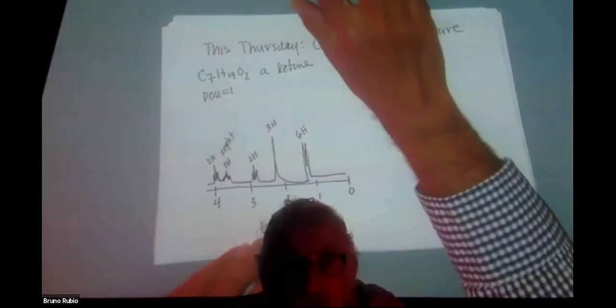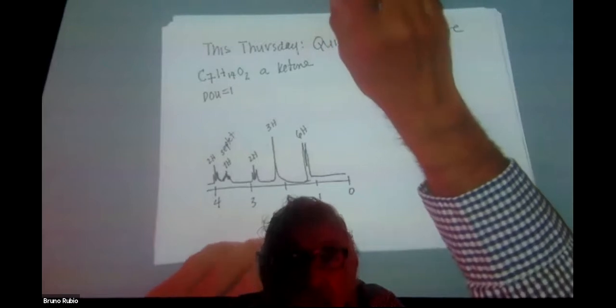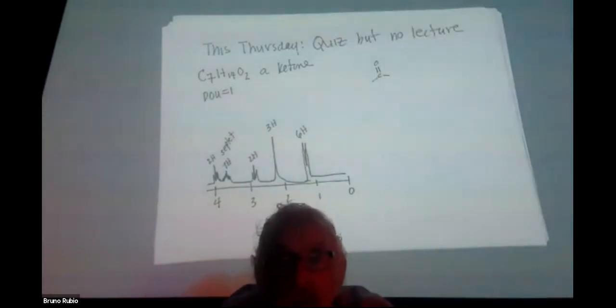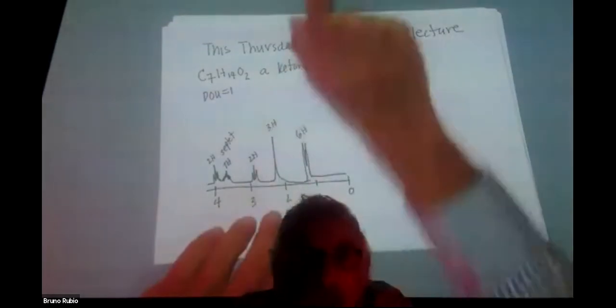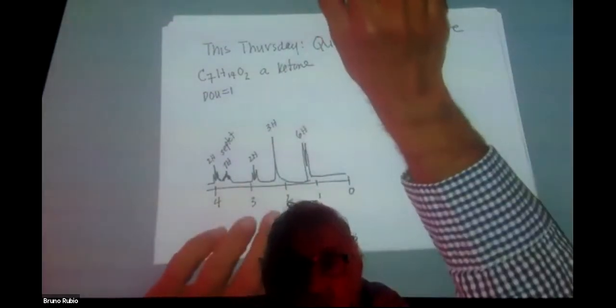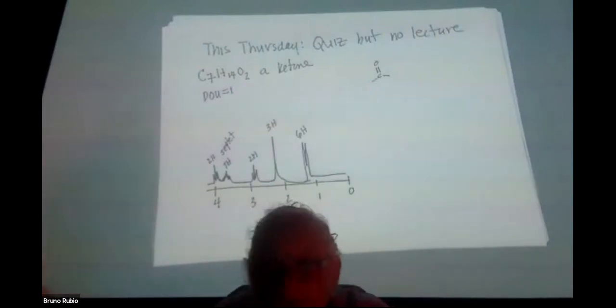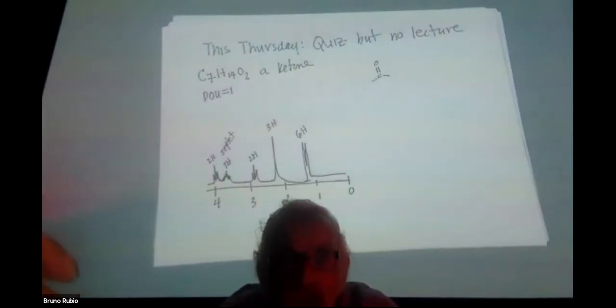No. So tell me in the chat, what is it likely to be? Oh, it's likely to be 2 methyl groups. Is that the only thing it can be? No, it could be 3 equivalent CH2s. It could also be 6 equivalent CHs, but we'll go with the simpler alternative, which is 2 methyl groups.